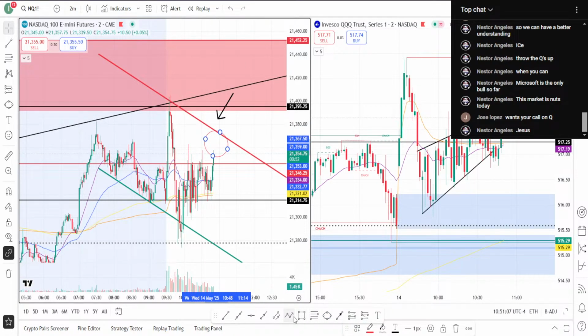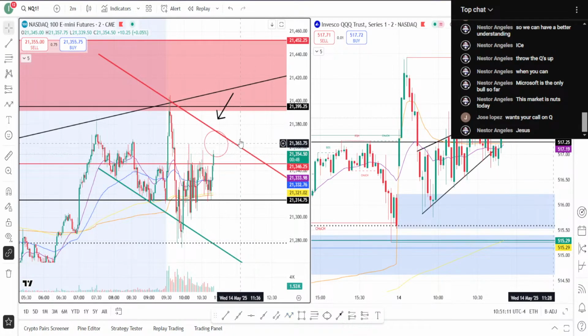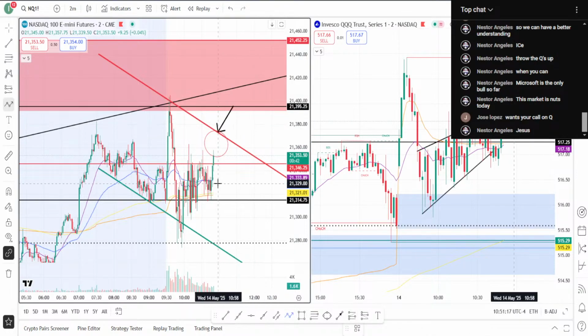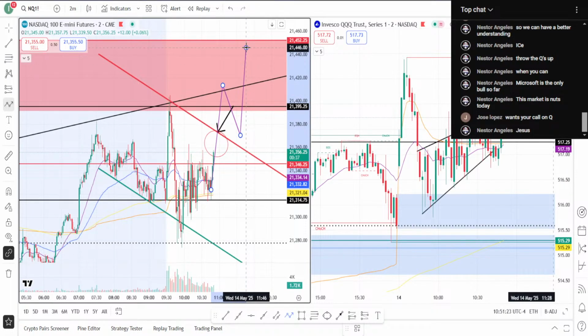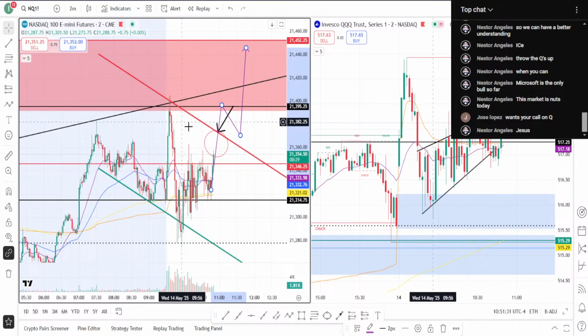If you're a buyer, be careful here. What I would be looking for if I was going to buy is a strong move to give me a buy opportunity below this supply zone, because we have a big old supply zone up here. So there's a lot of sellers up here, clearly, right?